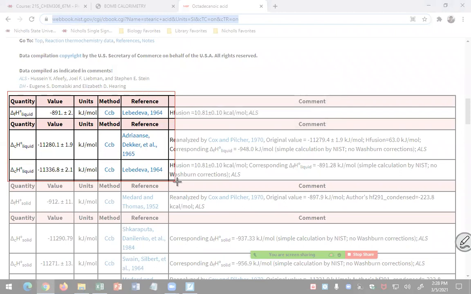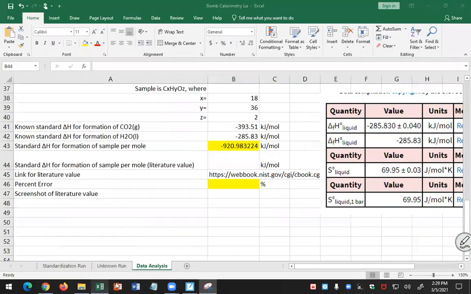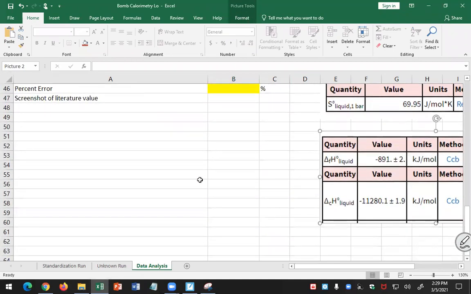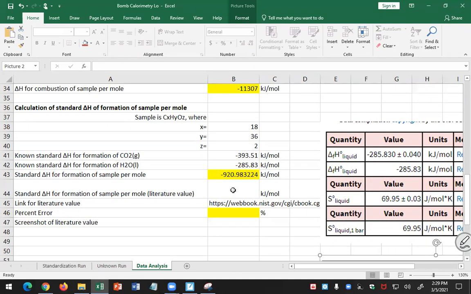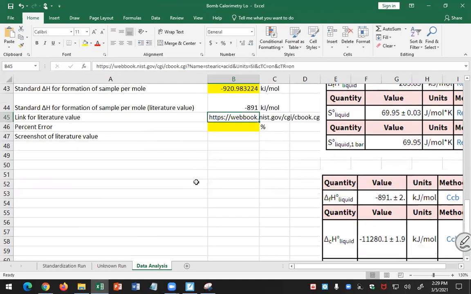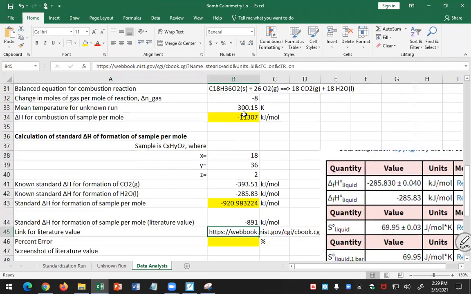Delta H formation is actually a liquid. Okay. Delta H formation, edit copy. I can put it in my Excel, put it somewhere over here. It's minus 891 kilojoules per mole, plus or minus 2. If you look at the delta H combustion values, 11,200. That's pretty close. I've got 11,300.